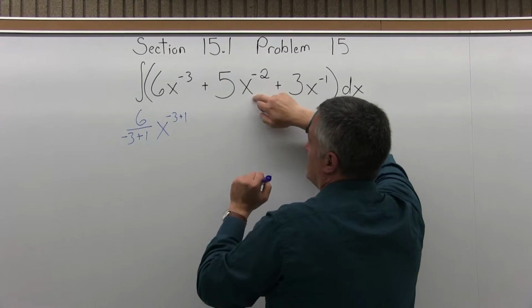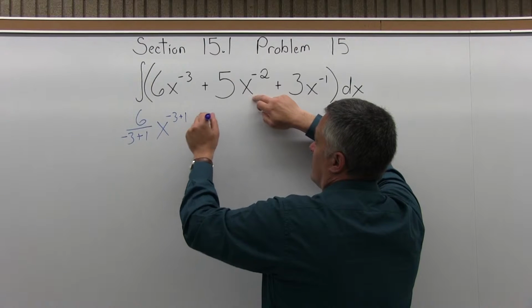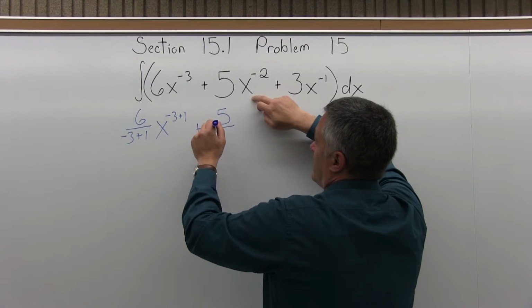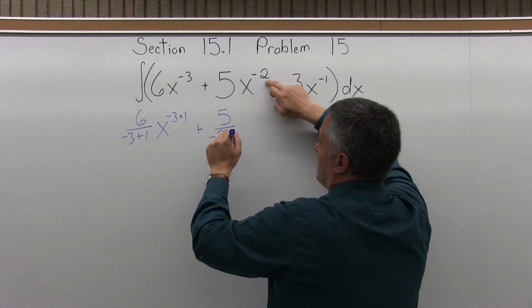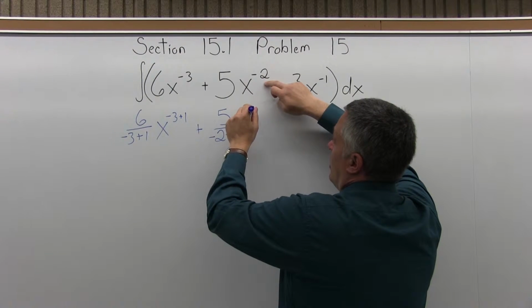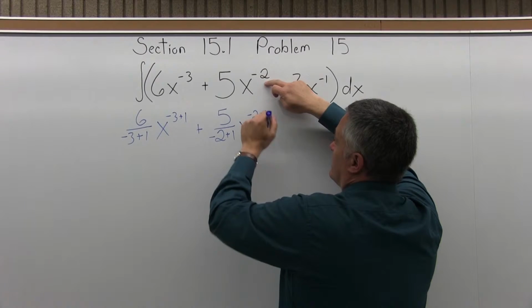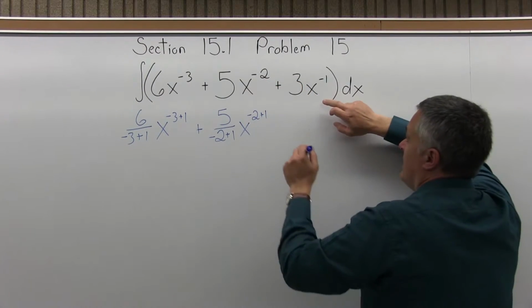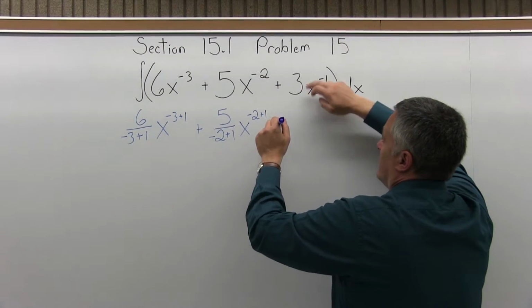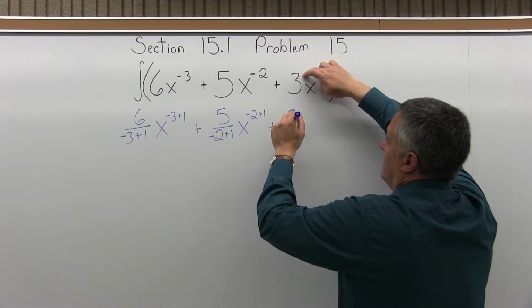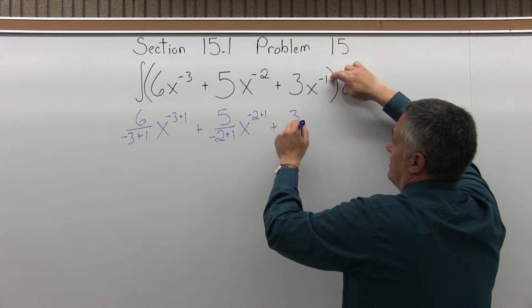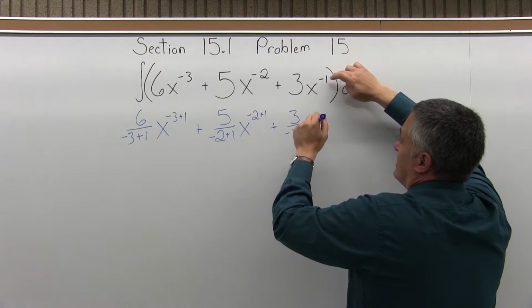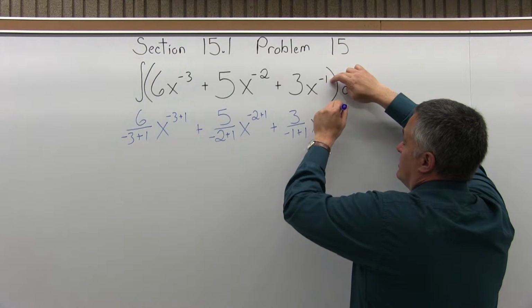The second piece, 5x to the negative 2, so we'll have the 5 in the numerator of the fraction, the old exponent negative 2 plus 1 in the denominator of the fraction, x to the old exponent plus 1, so negative 2 plus 1. And then the next one, you're going to have 3 in the numerator over the old exponent, negative 1 plus 1, x to the old exponent, negative 1 plus 1.